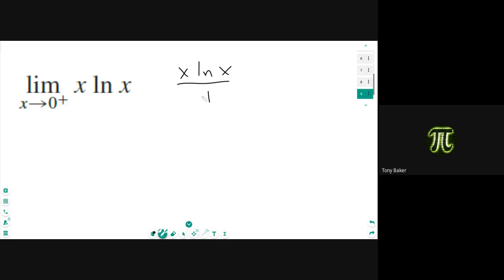Okay, but what's the derivative of 1? It's 0. If you put ln x to the power of x, well, then I have 0 to the 0 power, which is also an indeterminate form.